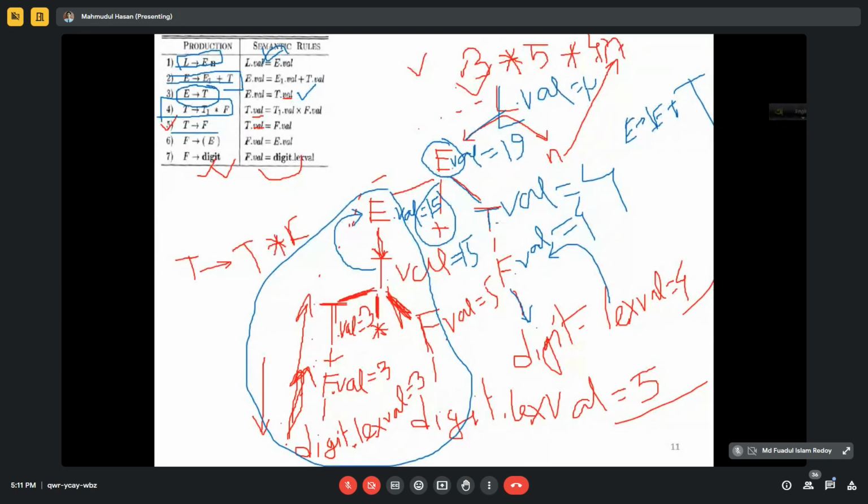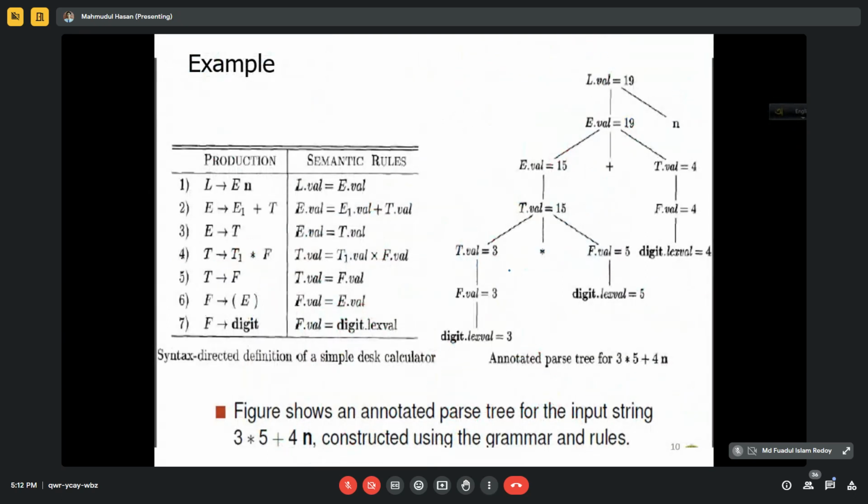So here, if you look, each symbol is related with a value. That's why this is known as annotated parse tree. So when you make some changes in your parse tree, that parse tree is known as annotated parse tree, and this is the output of the semantic analysis phase.